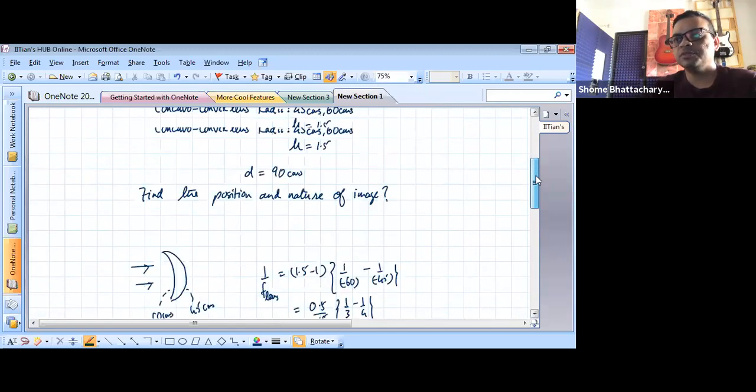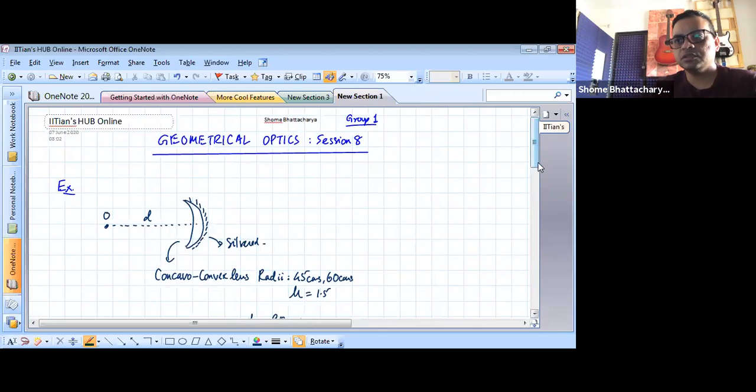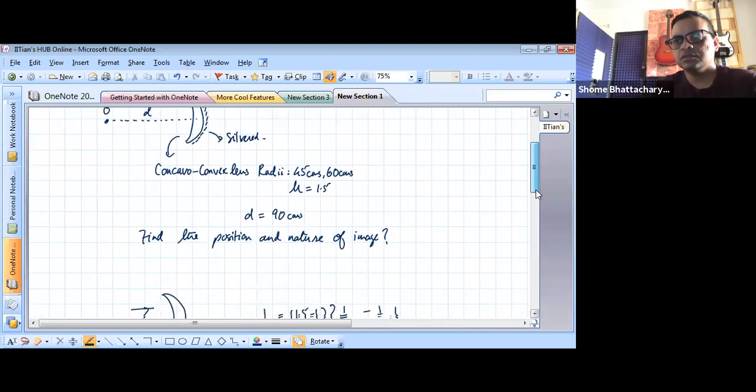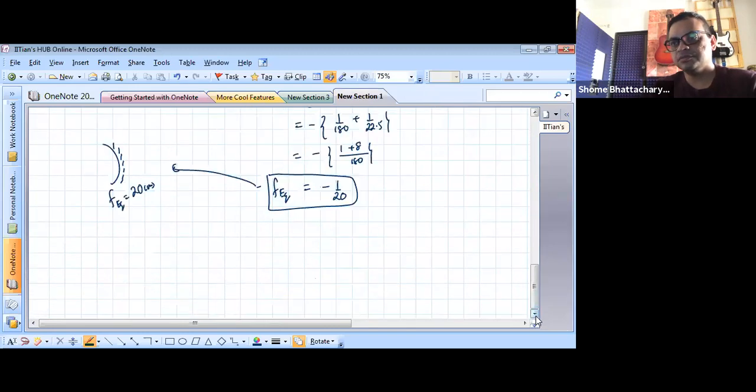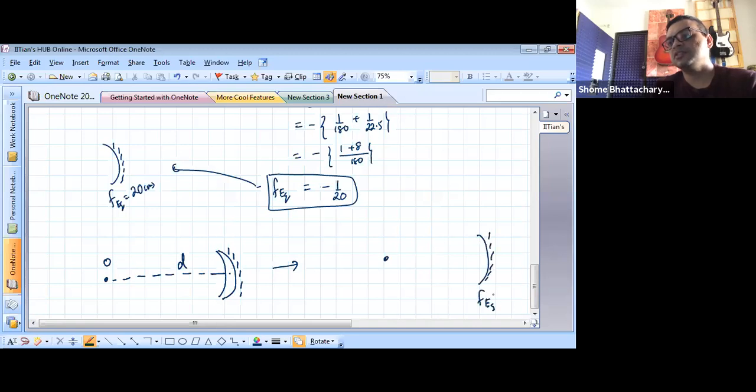Now you are keeping the object at a distance of 90 centimeters. So this situation is equivalent to this situation.